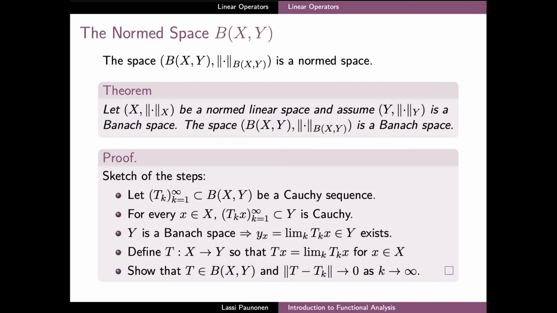And finally, in the last step, which requires perhaps the most effort, we verify that T is indeed a linear and bounded operator and therefore belongs to the space B(X,Y), and we also prove that the sequence Tk converges to T in the operator norm as k goes to infinity.